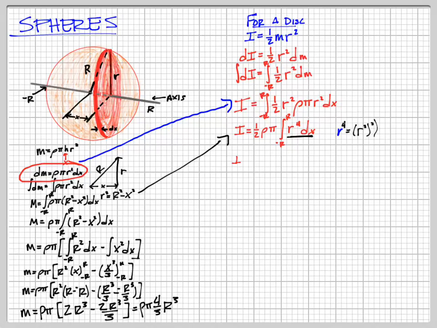So we're going to plug in what we had for r squared and then square that expression. So 1/2 rho pi times the integral of capital R squared minus x squared quantity squared dx.